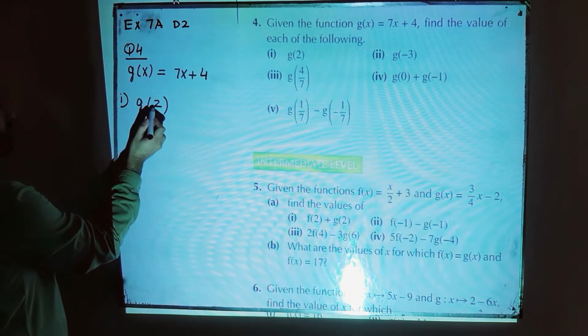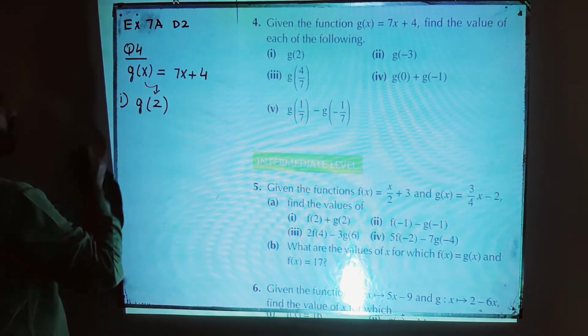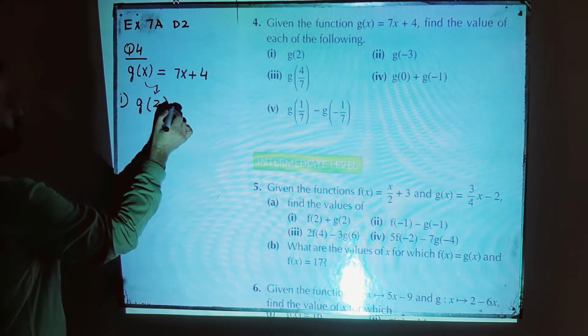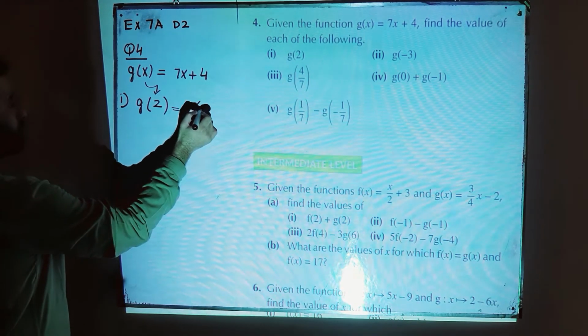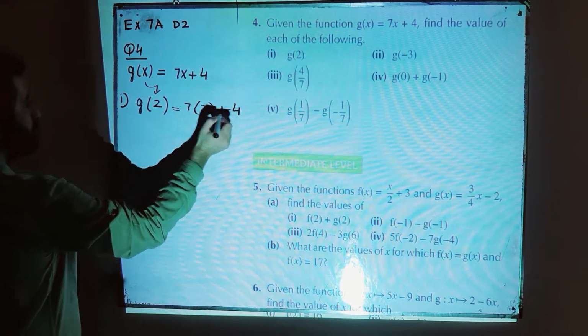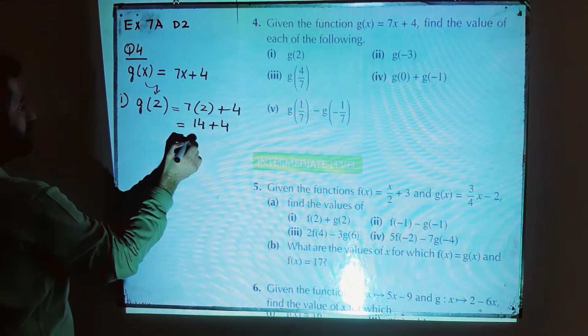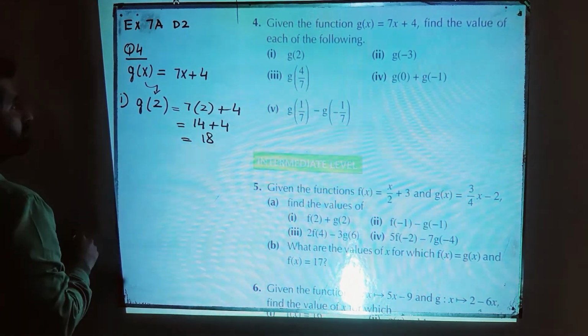That is quite simple. You just need to replace x by 2, that is 7 into 2 plus 4, that is 14 plus 4, that is equal to 18.